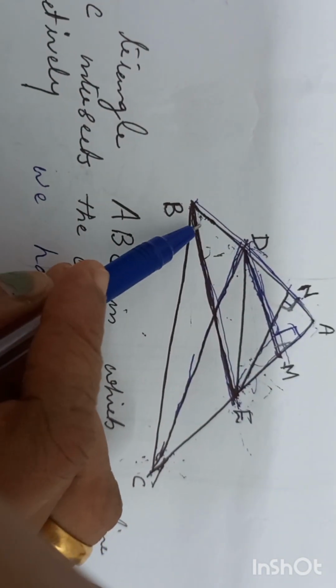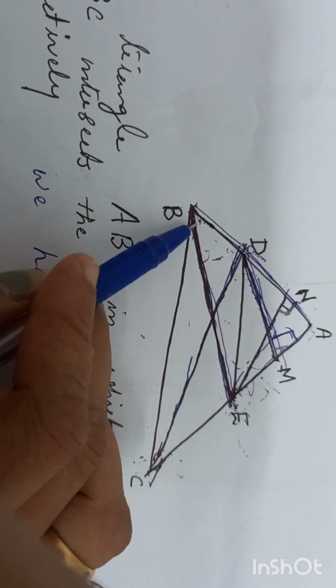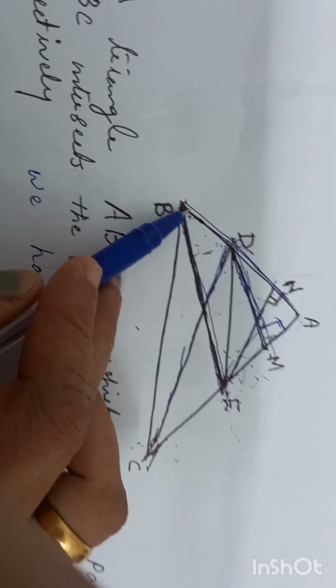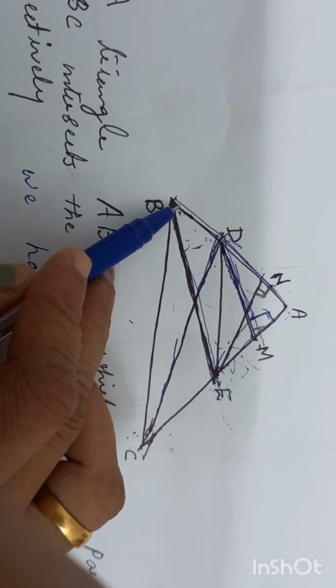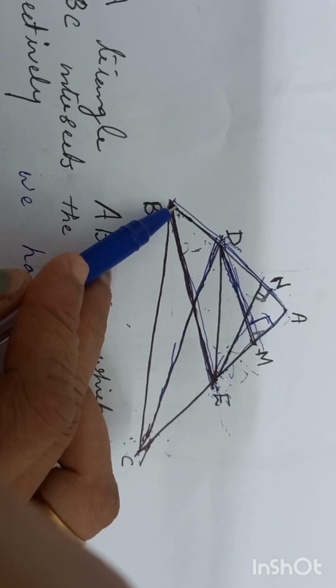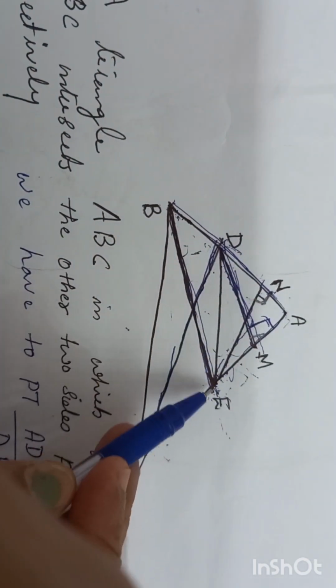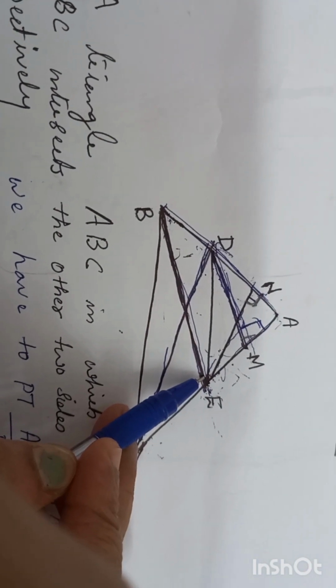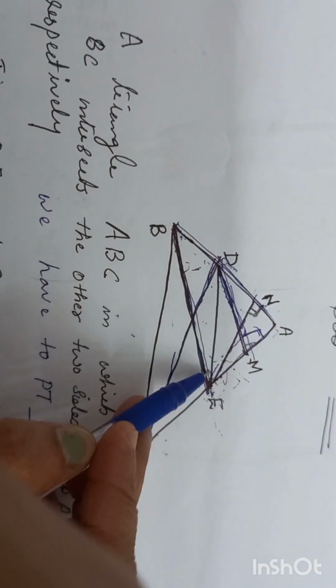This is an obtuse triangle, so its altitude is outside of the triangle. So its base is DB and altitude is EN.